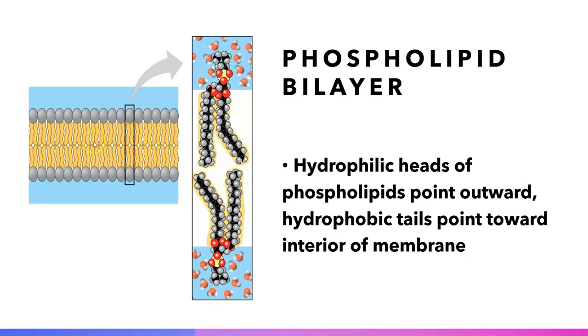You'll notice the second layer is inverted, kind of upside down compared to the top layer, so that these hydrophobic fatty acid tails are tucked away from any water source in or out of the cell. So having a phospholipid bilayer is important because of the nature of the phospholipid molecule and the fact that it has hydrophobic regions that are not going to want to be in contact with water at all.